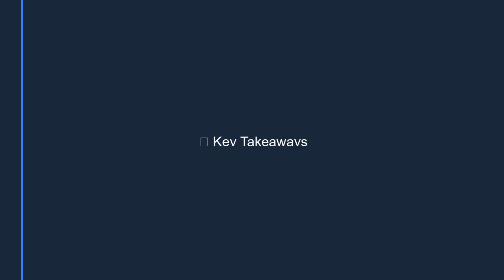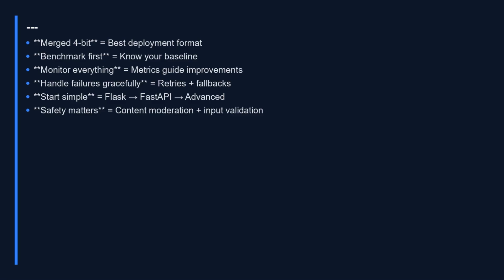Key takeaways. 6 things to carry forward from this lesson. Merged 4-bit is your deployment format. Smallest memory footprint, no adapter overhead. Fastest load time, always benchmark before optimizing. Without a baseline, you can't measure improvement. Instrument everything. Metrics are how you discover problems before users report them.